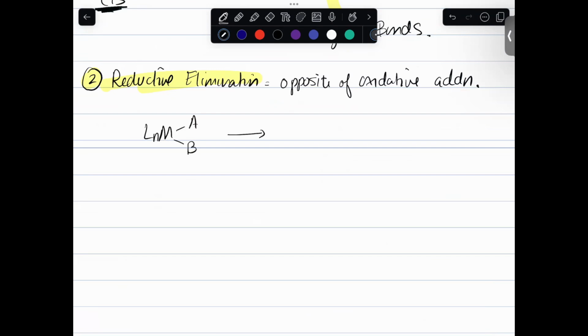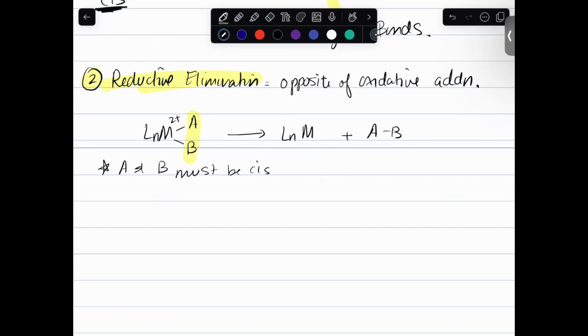So just like before, if this was a metal 2 plus because of our oxidative addition, now we have our metal complex and our organic compound. Please notice that for reductive elimination to occur, A and B must be cis. They must be pretty close to each other in order for them to form.